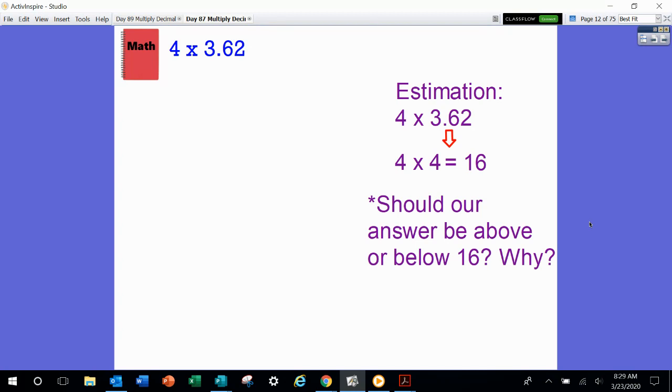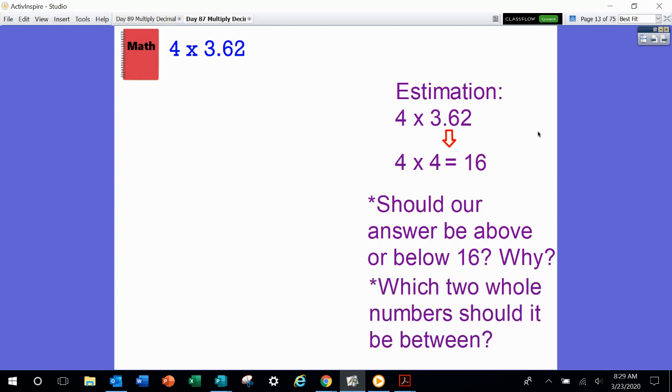Okay? Should our answer be above or below 16, and why? Well, because we rounded the 3 and 62 hundredths to 4, we rounded up. So 16 should be above our actual answer. Our answer should be below the 16. Okay?